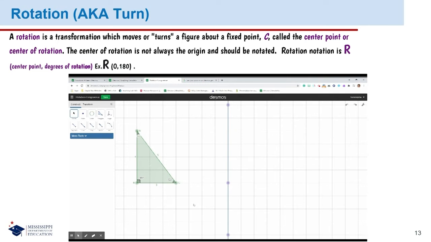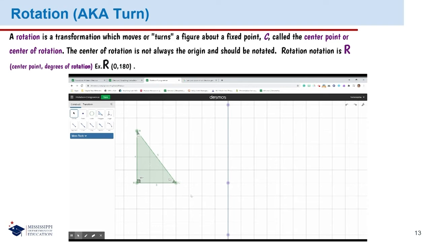For this tutorial, we're using the Desmos geometry tool, which is new to Desmos. As you can see, I have already constructed a triangle ABC.